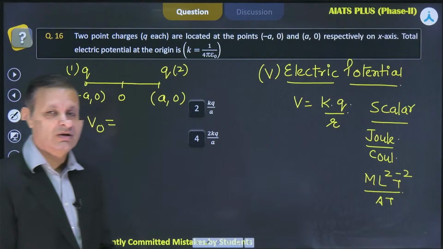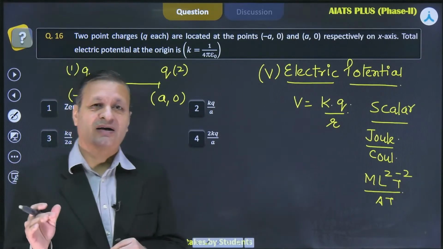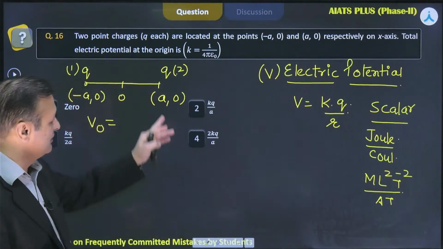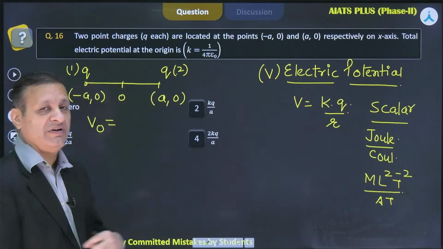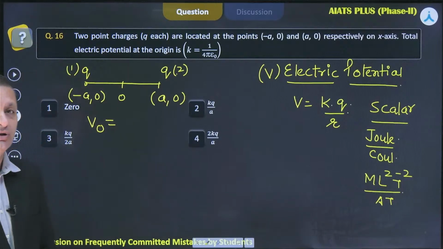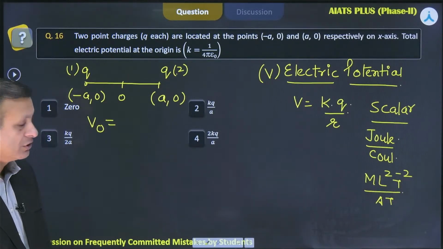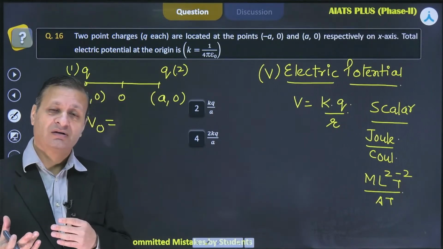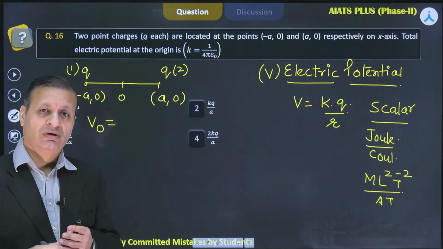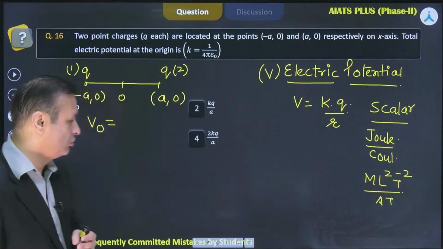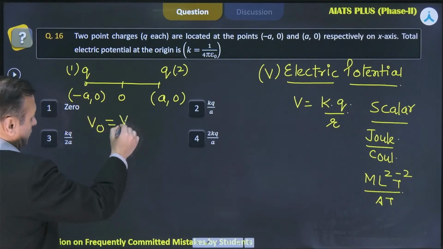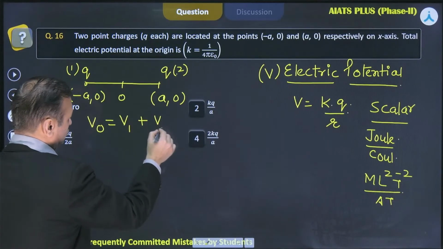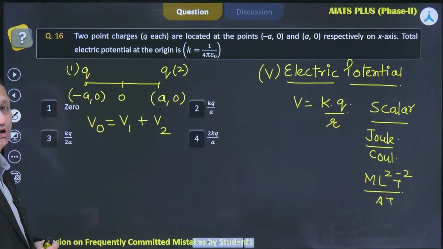First of all, how many charges are around point O? If you can see, we have 2 charges. We have labeled these 2 positions as position 1 and position 2. So if you have 2 charges, it means you have a potential from both the charges: the potential due to the charge at 1 and the potential due to the charge at 2.